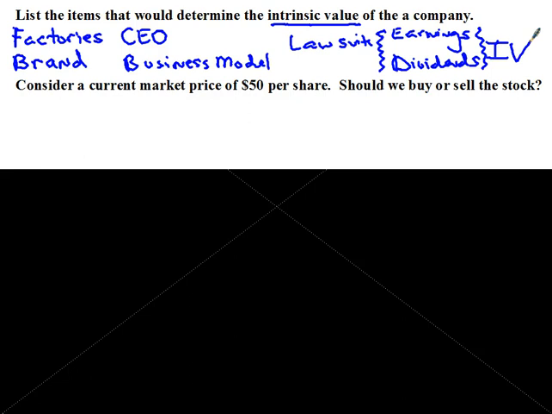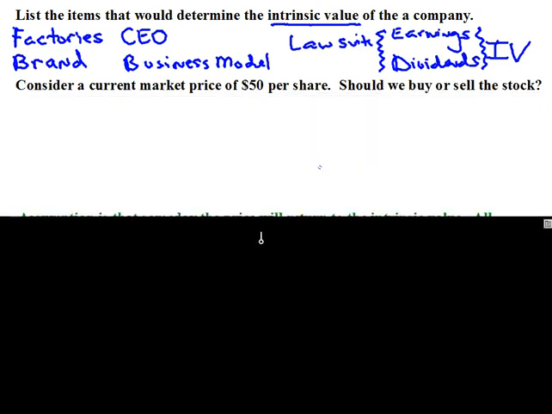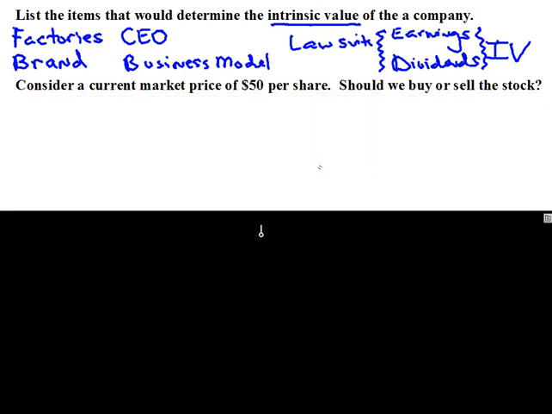Now, when we talk about a company, we want to state that intrinsic value in terms of a share price.